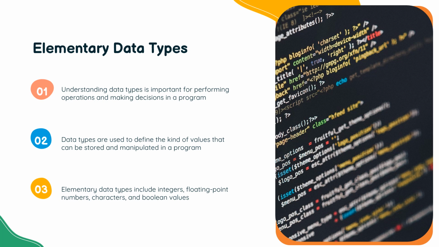Understanding data types is important for performing operations and making decisions in a program. Data types are used to define the kind of values that can be stored and manipulated in a program. Elementary data types include integers, floating point numbers, characters, and Boolean values.